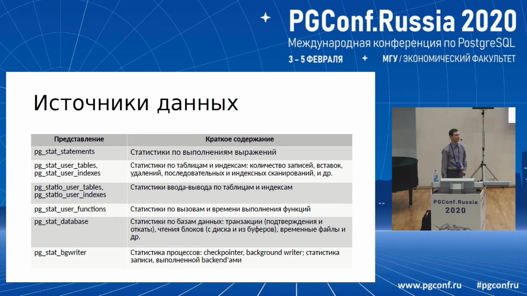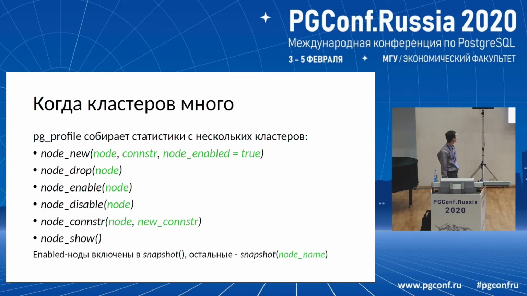Stat_io, in case track_io is switched on. This is statistics of tables and indexes. Stat user functions, this is statistics of user functions calling. pg_stat_database, everybody knows what it is, and pg_stat_bgwriter is statistics of checkpoints, background writers, and also what happened with backend, I mean dumping of blocks.